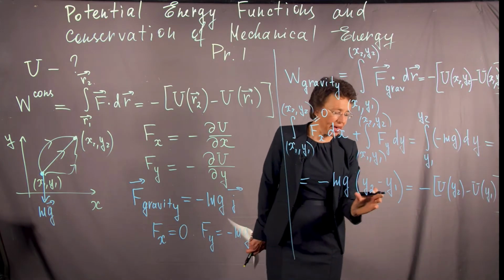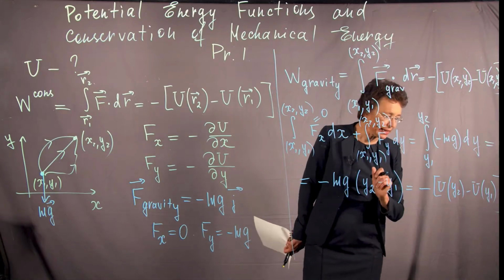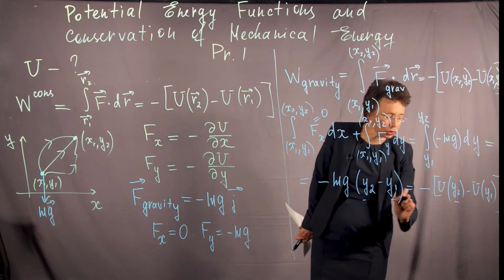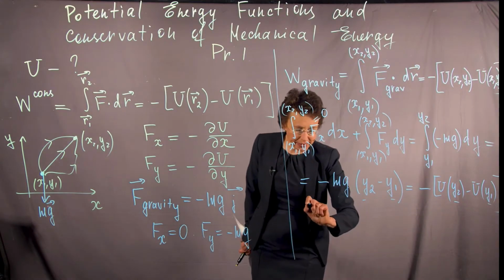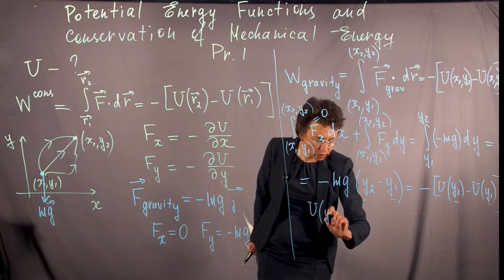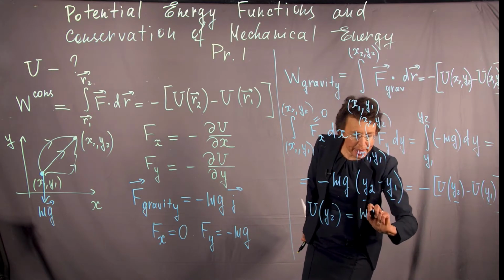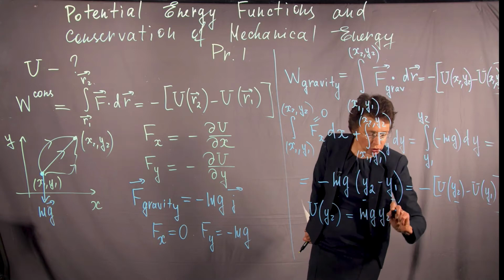Now I compare the left and right hand sides of these equations, and I combine guys with 2 and with 1, and I immediately see that u at y2 is equal to minus minus plus mg y2.